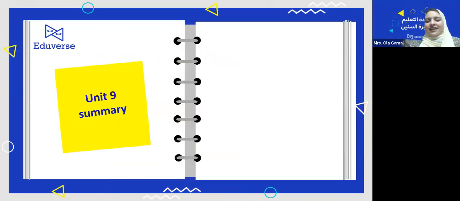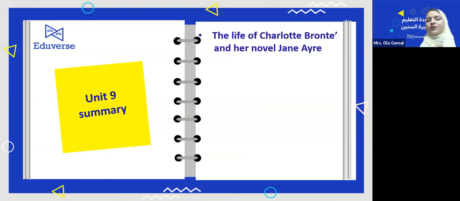Okay, let's revise together the summary for the unit and what you learned in this unit. We learned about the life of Charlotte Bronte, and I said she was an English writer. She wrote a lot of novels, and my favorite novel of hers is Jane Eyre, and that's what you studied.